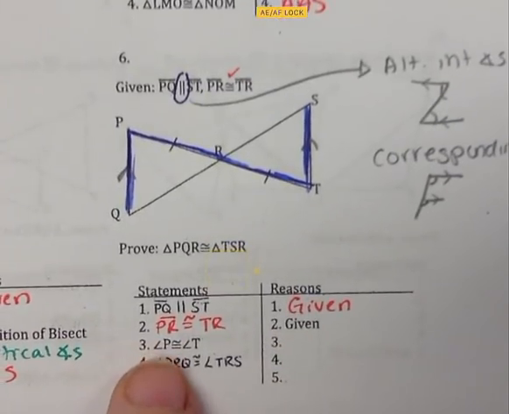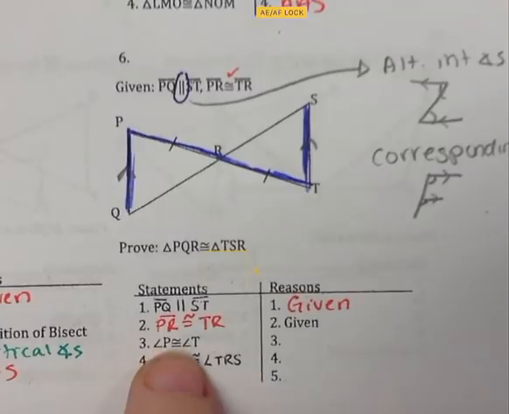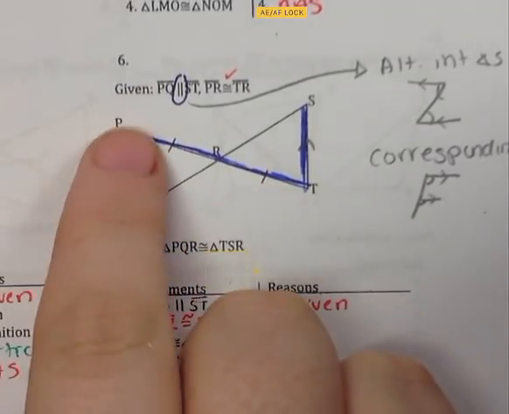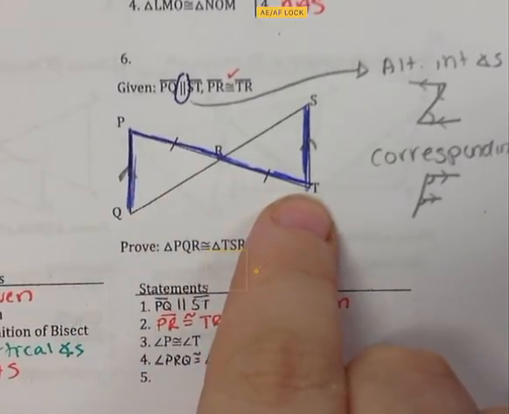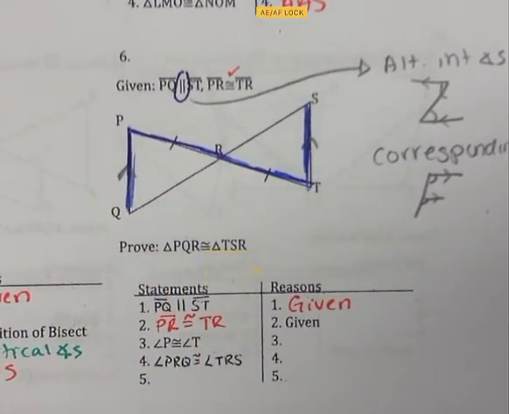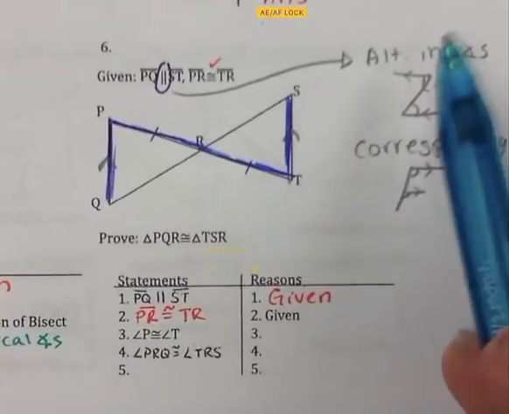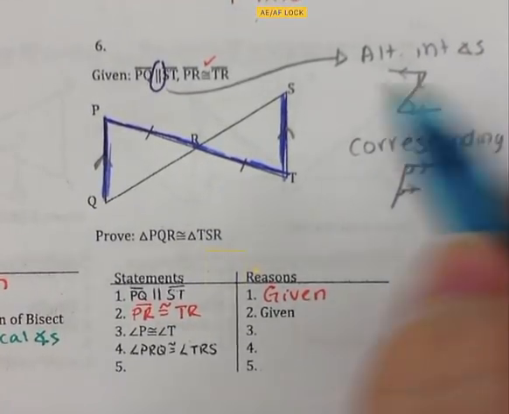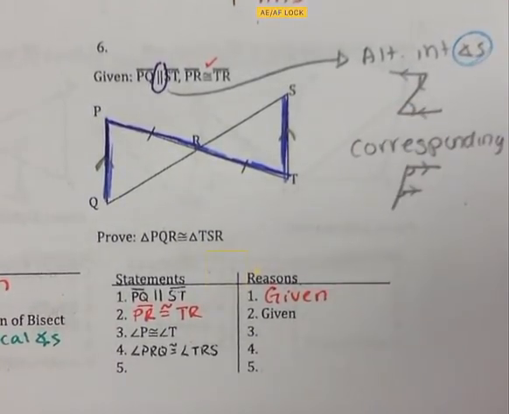Since I want to look at angle P and T, because that's what my statements say, it's telling me to specifically look at angle P and T, I can form the Z between P and T. What that means is that we have alternate interior angles. Angles are congruent.